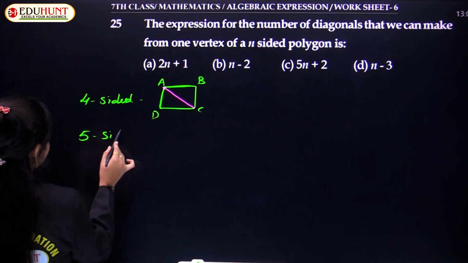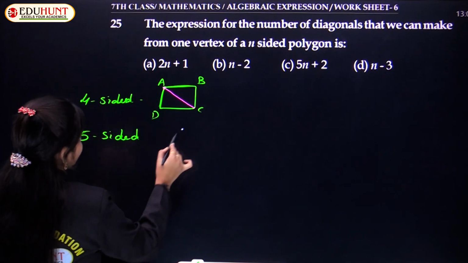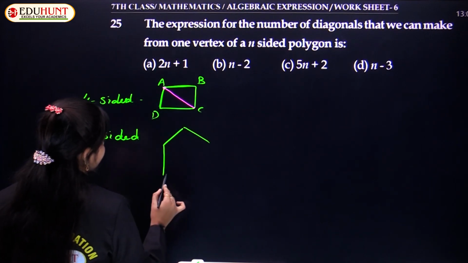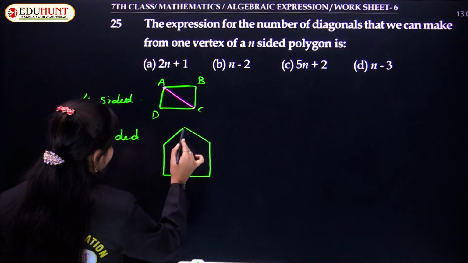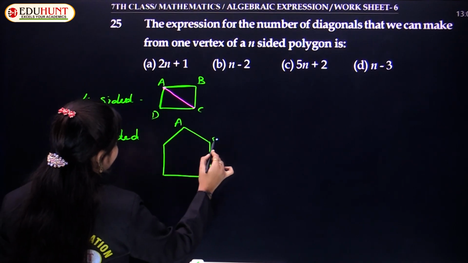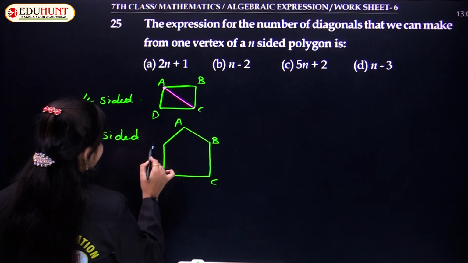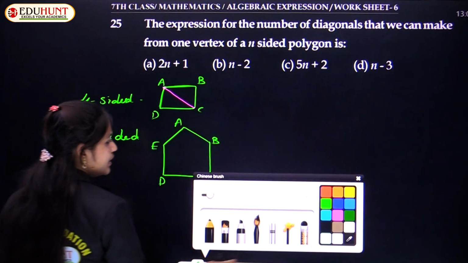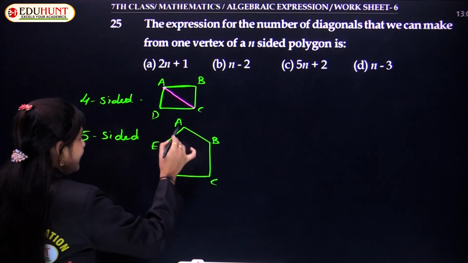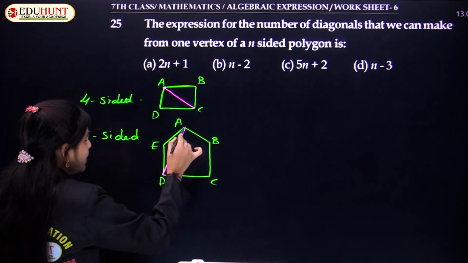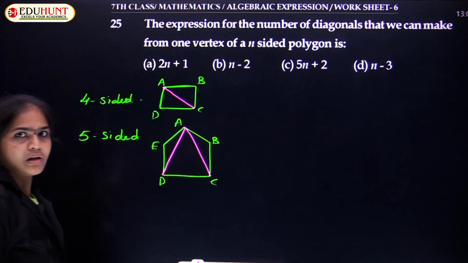Now a five-sided figure, a pentagon. A, B, C, D, E. Now here, by taking A again, I can draw only two diagonals.